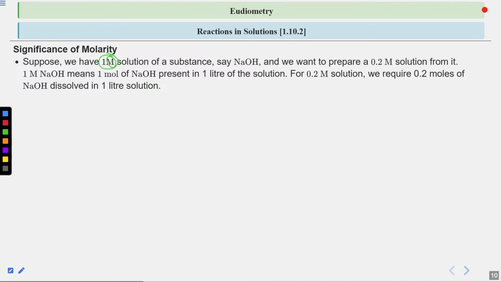Suppose you calculated the molarity of a NaOH solution as 1. Then it means that 1 mole of NaOH is dissolved in 1 liter of the solution. Clear? Again, suppose you have taken a 0.2 molar solution. Then in that case, what will be the concentration? It will be 0.2 moles dissolved in 1 liter of the solution.